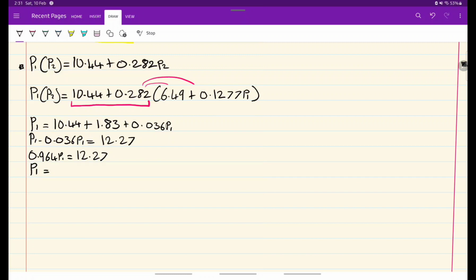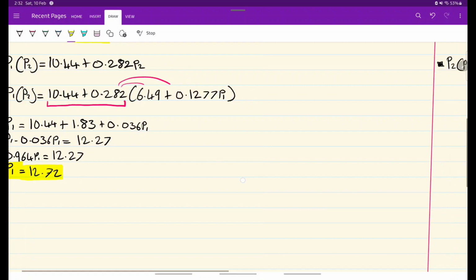P1 is going to be equal to 12.728. Or we'll round it up to 12.3. No, we won't. 7 cents. That is your price for firm one. That's what they're going to set.